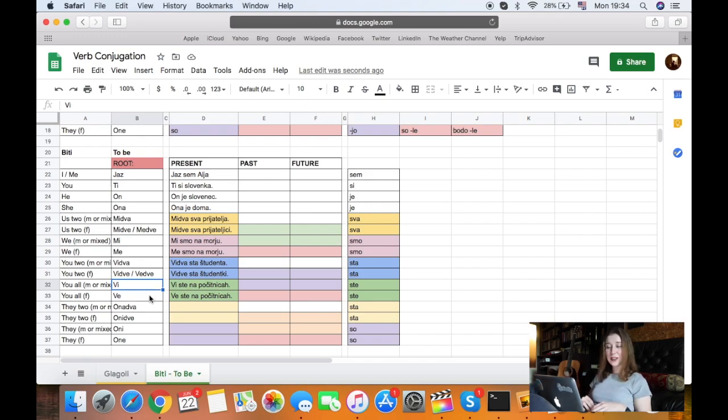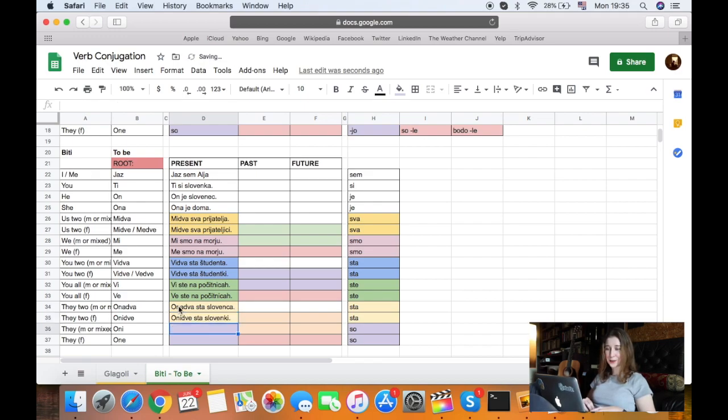And vi, it's when it's only girls. So either three girls or three plus girls. So four, five, six, and so on. Then oni dva sta Slovenca, they are Slovenians, and oni dve sta Slovenki.